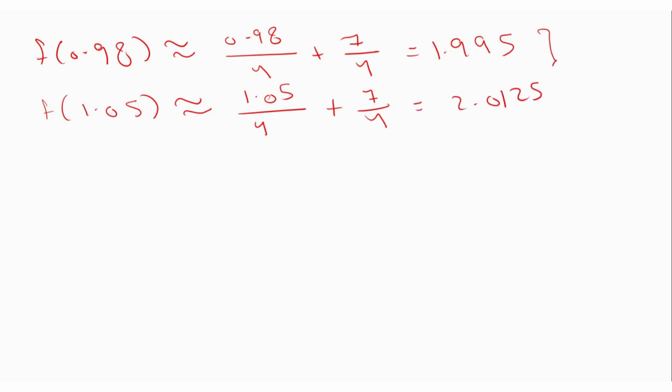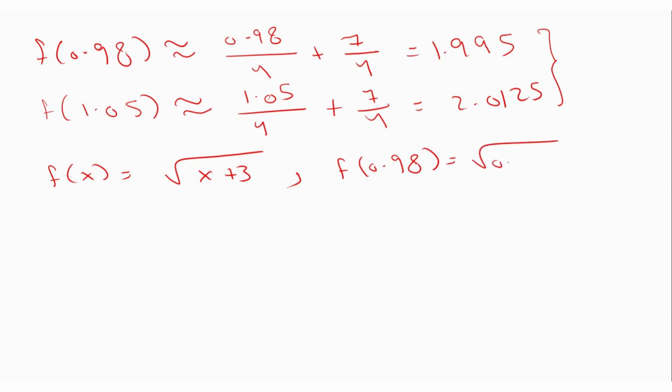Now, to investigate whether it was an overestimate or underestimate, we use our function, which is f of x equal to the square root of x plus 3, and we use the values here. So we substitute 0.98 first, so this will be the square root of 0.98 plus 3.